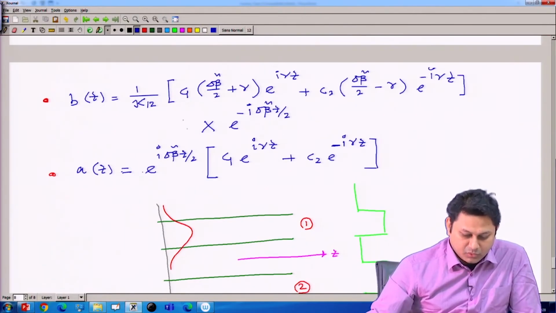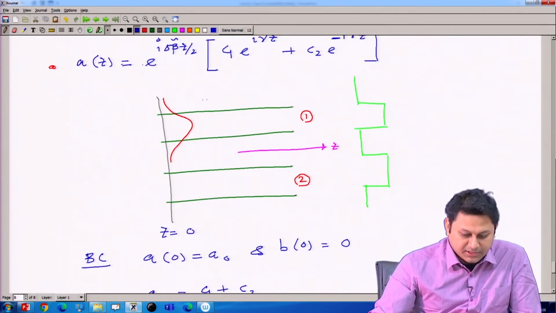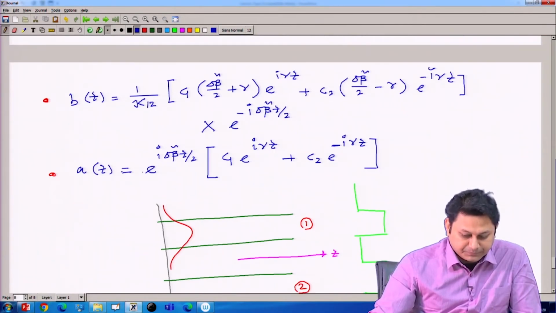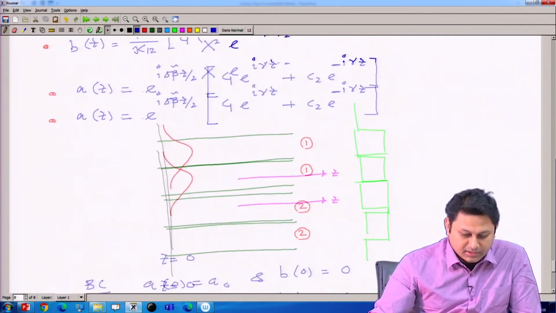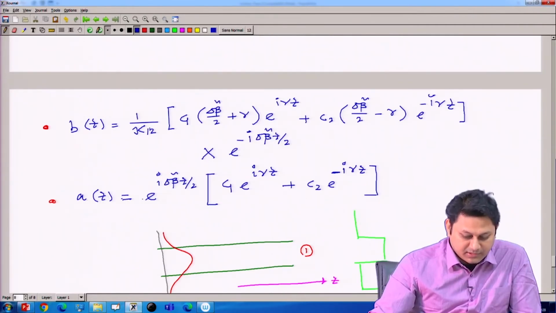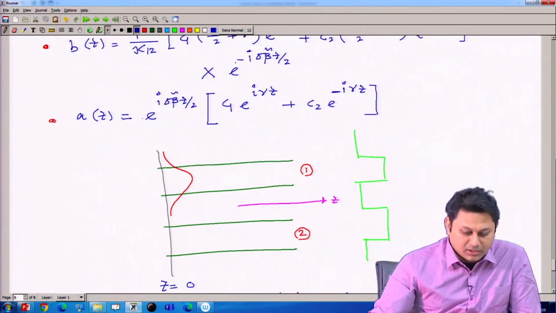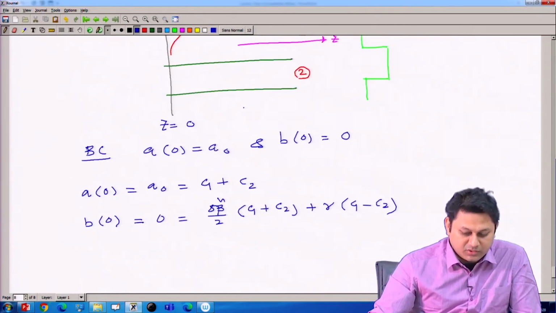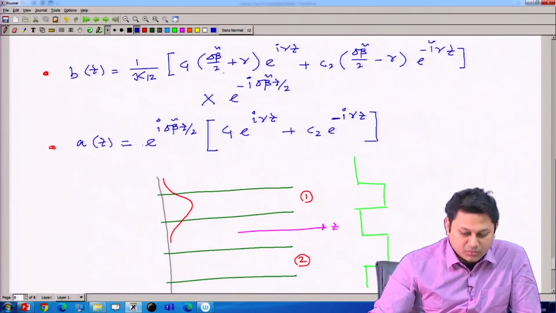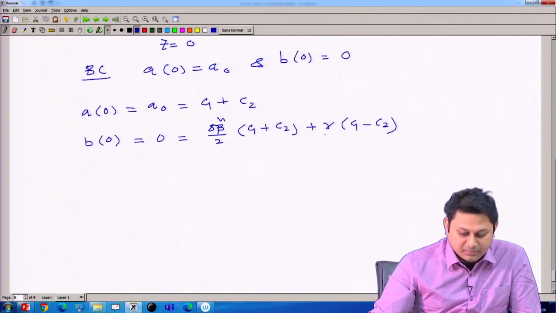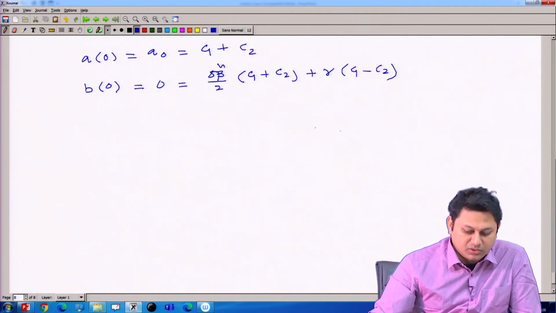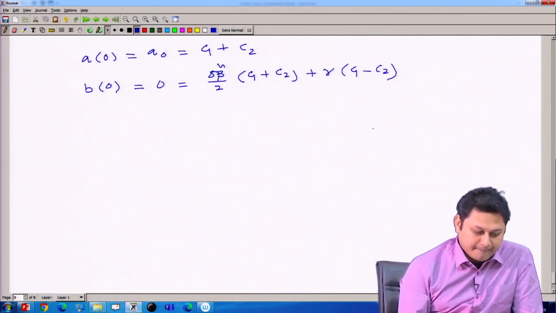If I put z equal to 0, then these exponentials are 1, and it should be something like delta beta, and this 1 by kappa is in the denominator, so this term will go to 0. So, it should be C1 plus C2 times delta beta by 2, and the rest, plus gamma times C1 minus C2, these things will be 0.